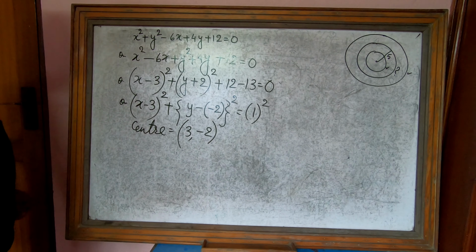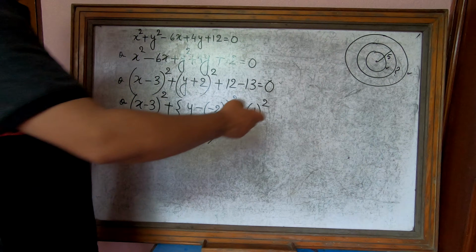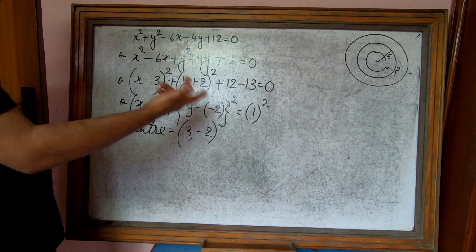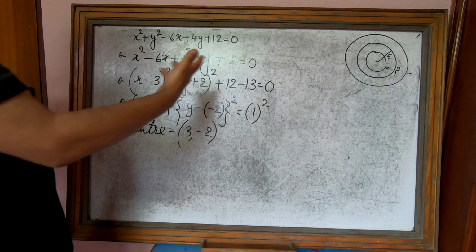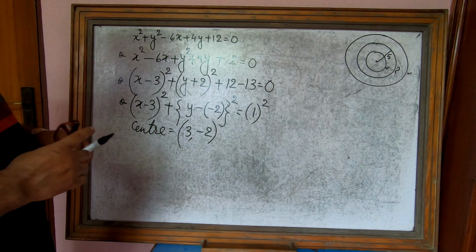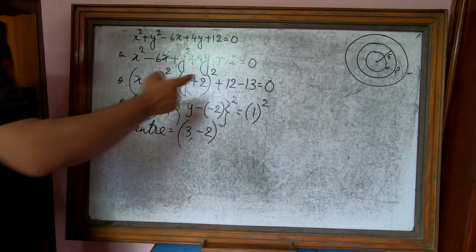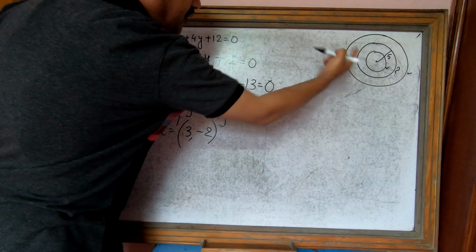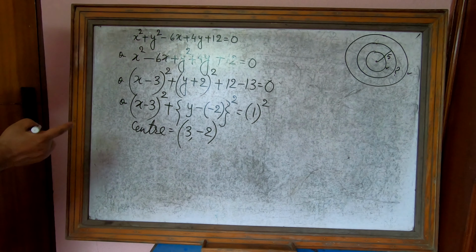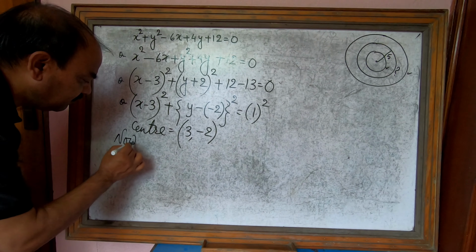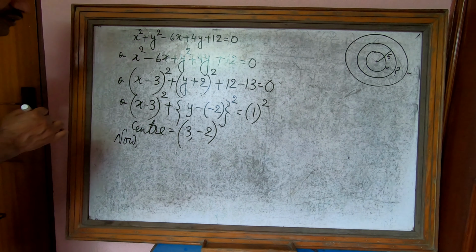Radius we don't need because the radius of the required circle is given to be 5, but we have the same center for all these three circles. The center is the same. They are concentric circles. Now to find the equation of the required circle, we use the formula. I'm not writing here because of the space constraints.